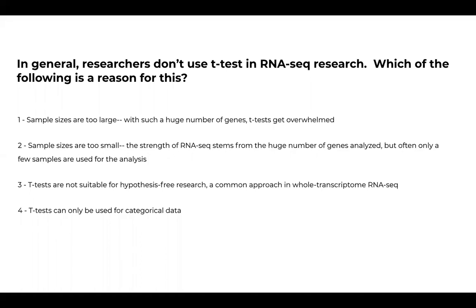Is this correct? Third, t-tests are not suitable for hypothesis-free research; a common approach is whole transcriptomics. Fourth, in RNA-seq, t-test can only be used for categorical data. Can anyone tell me? If not, then I'm going to tell you the answer anyway.